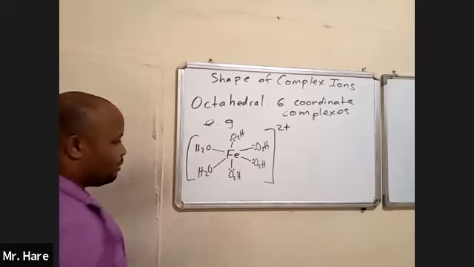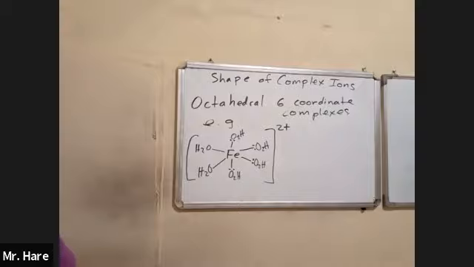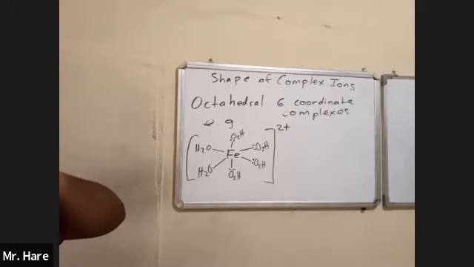So they're supposed to be 90 degrees apart, right, for octahedral? Yes, sir. The bond angle is supposed to be 90 degrees? No, it's not VSEPR. So you have to ask for the angle.